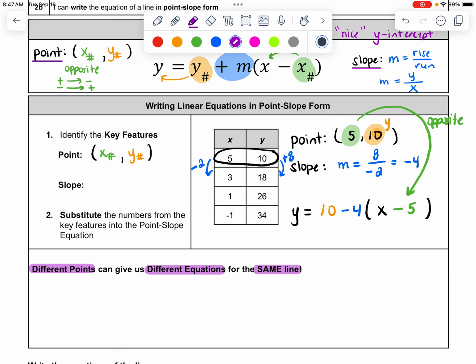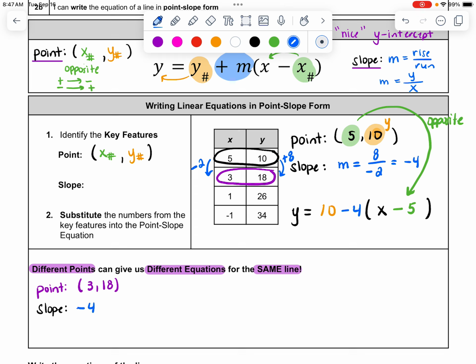For example, let's suppose that we decided to use 3 and 18 as our starting point. Then our point would have been (3, 18). Our slope would still be the same because this table has the same pattern no matter what.